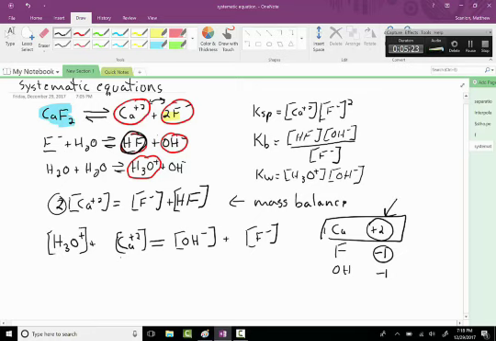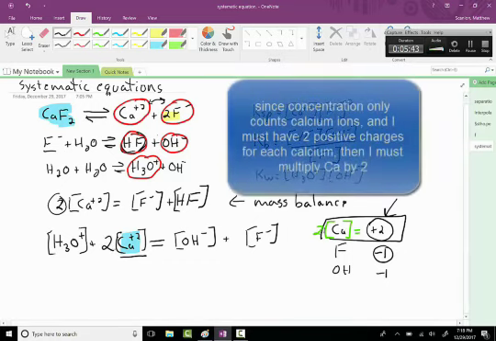So this is concentration over here. It's not charge. So I note that for the concentration of calcium, the charge is going to be equal to 2 times the concentration of calcium. Every time I have 1 calcium, I get a plus 2 charge. So I have to put a 2 here, and that is our charge balance right there.